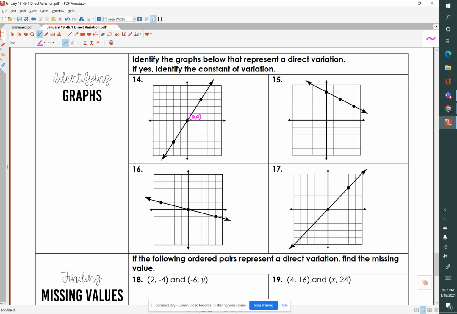If we were to identify our x and y values, we have 2, 4, and down here we have negative 2, negative 3. Direct variation.